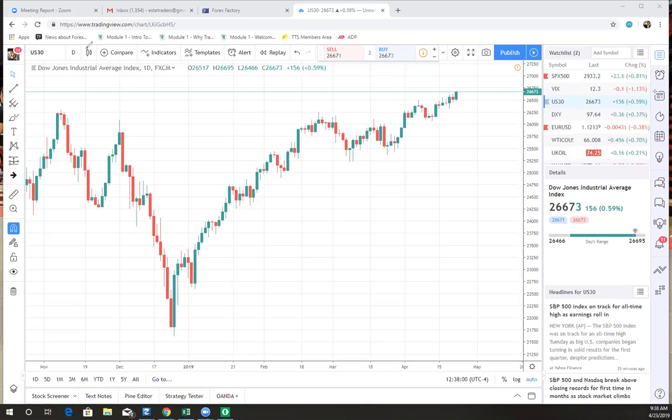So there's two components in regards to technical analysis. You have your price, and then you have time. That's basically it. Time and price based on x-axis and the y-axis.